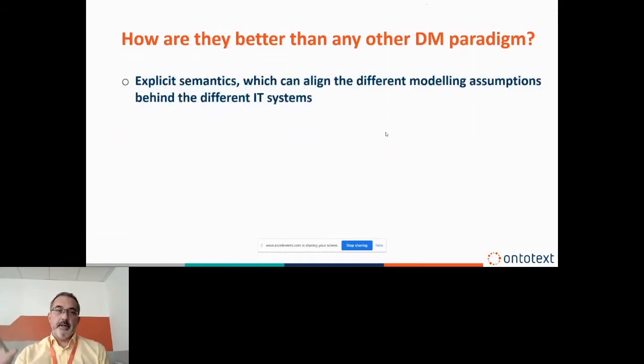One of them is explicit semantics. When you have to put together information from different systems, you have a CRM system, and then you have an ERP system, and then you have 5 other systems in your organization that have different logic behind them. So when they manage a document, they mean slightly different things, and the attributes are slightly different, and all sorts of dates that you have to manage about a single document across these different systems are slightly different.